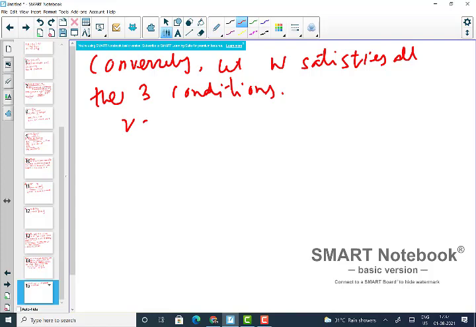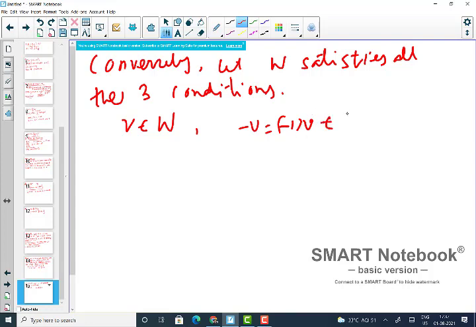Suppose v belongs to W, then what is negative v? Negative v is nothing but minus 1 times v. The negative of a vector is minus 1 times the vector, and minus 1 is an element of the scalar field.